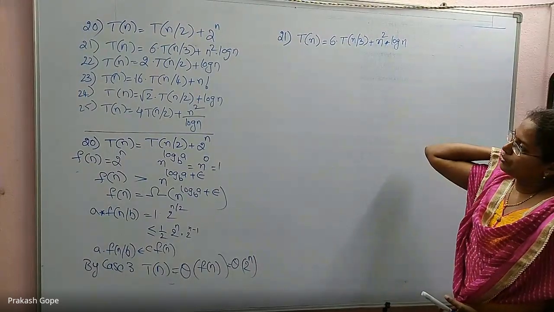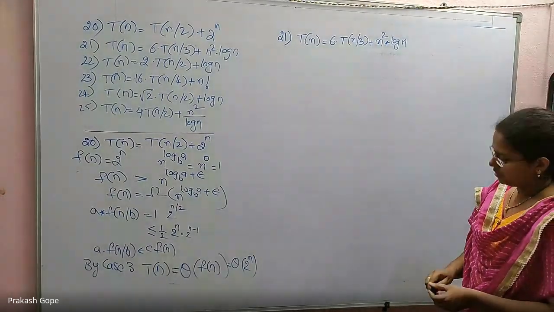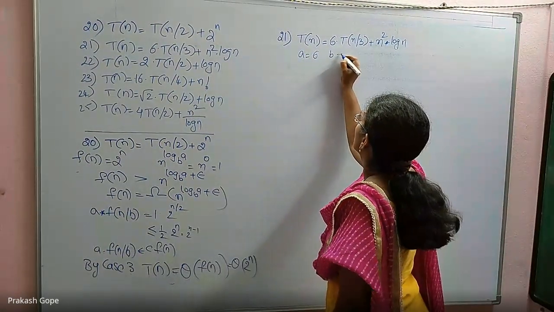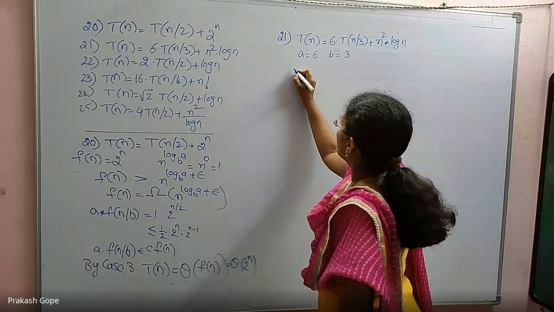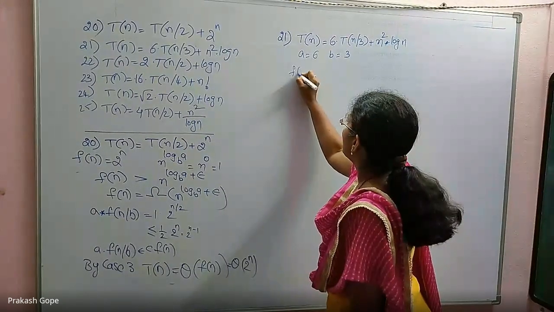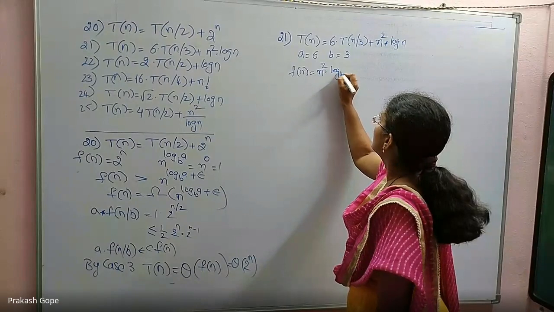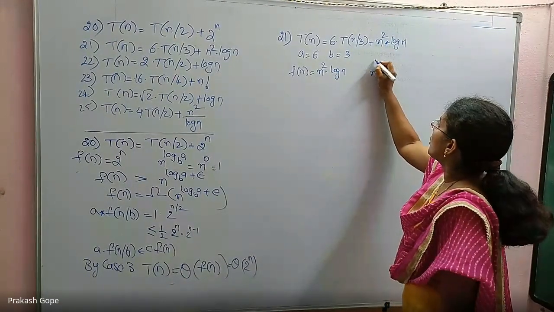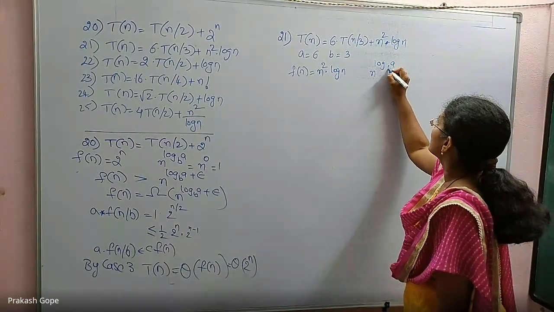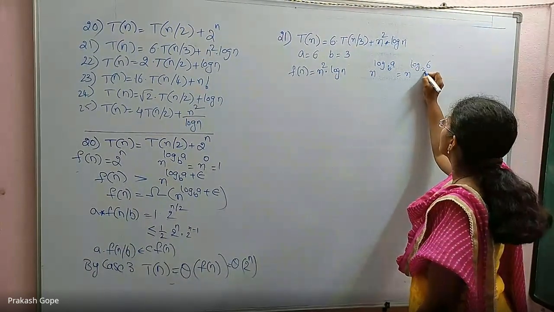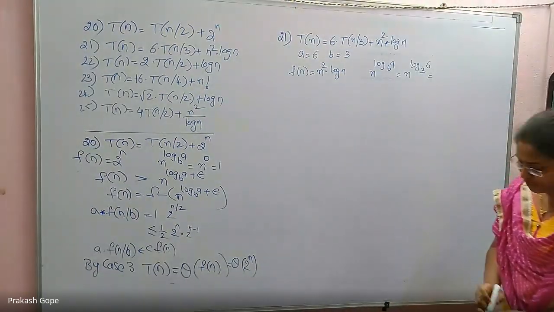So if it is theorem 2, what is the answer? A is 6, B is 3. What is f of n? F of n is n square into log n. What is n power log a to the base b? N power log 6 to the base 3. Tell me, what is log 6 to the base 3?